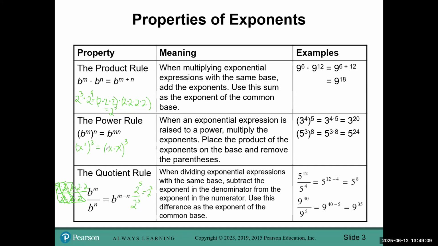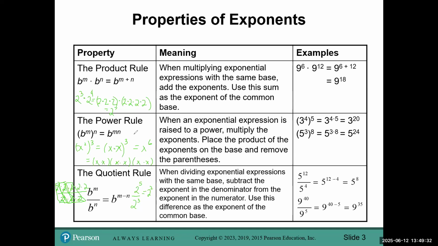And now I want to cube that. And what happens when I cube this? Well, I have to take x times x and multiply it by itself 3 times. Now I've got 1, 2, 3, 4, 5, 6 x's, or x to the 6th. And you can see that I multiplied the exponents.